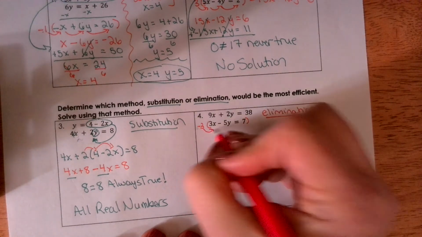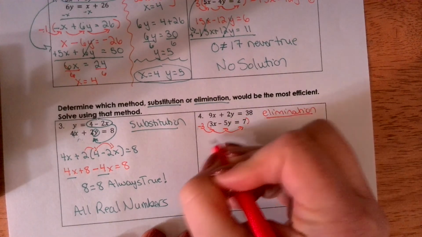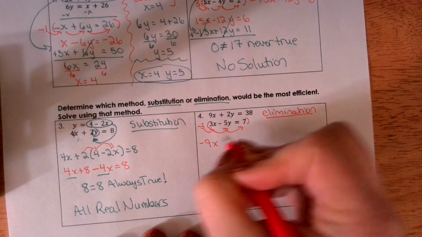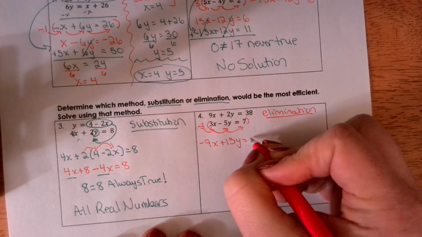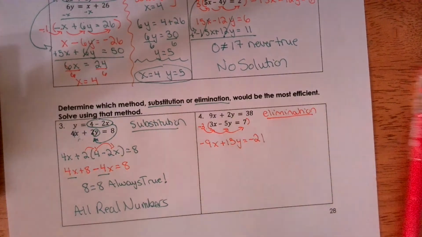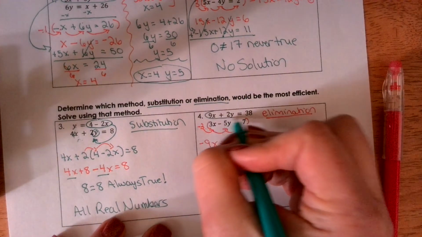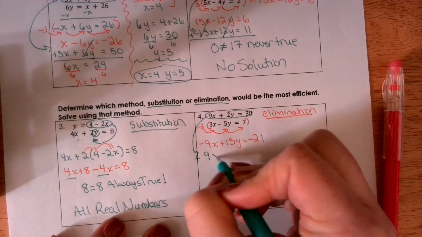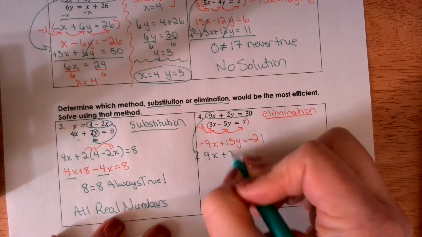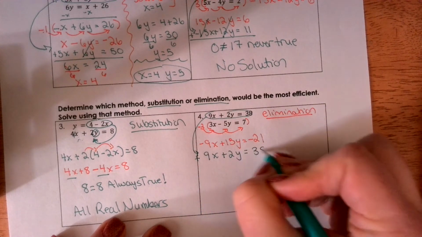So let's do that. I'm going to distribute this -3. I get -9x plus 15y equals -21. I'll bring this first equation down, and I'm adding 9x plus 2y equals 38.